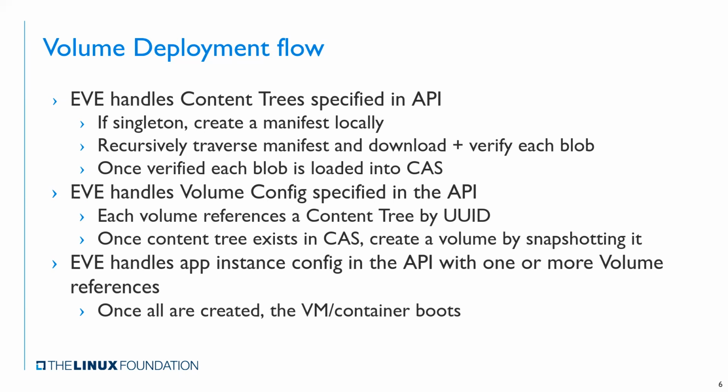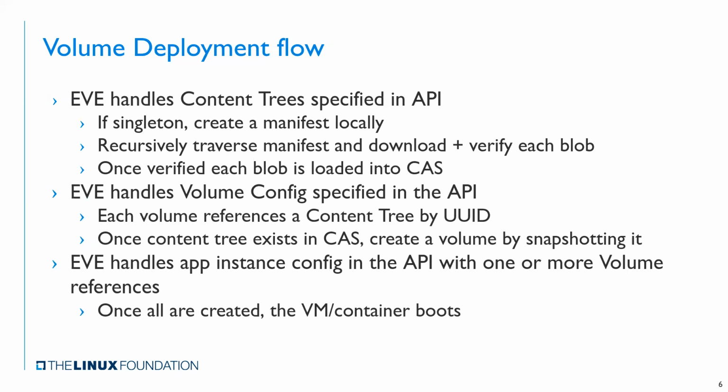You can actually go look at what is there if you SSH into Eve in a debug setting. It's in /persist/containerd. And then Eve handles the volume config specified in the API, which typically shows up at the same time, when it boots and finds all of this stuff, or when you deploy an app.